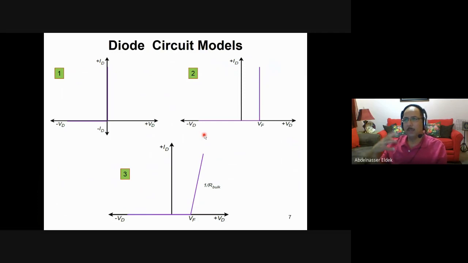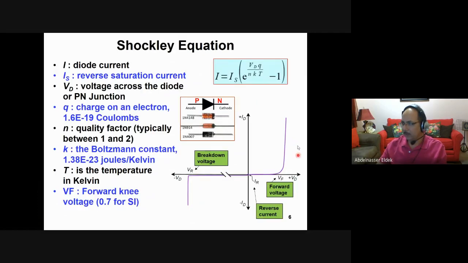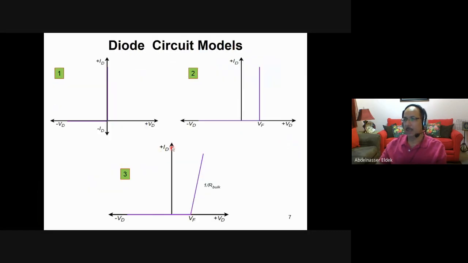We represent this figure, which can be approximated in three methods. As you see here, this is the forward and this is the reverse. The first is the ideal model, where we don't have the forward bias voltage, so we neglect the 0.7 volt for silicon, for example.